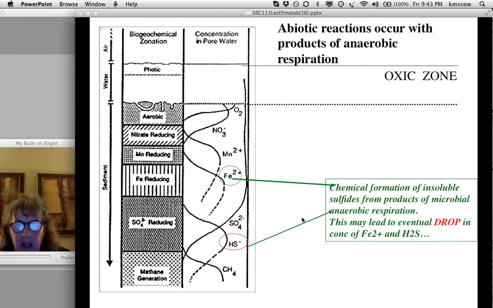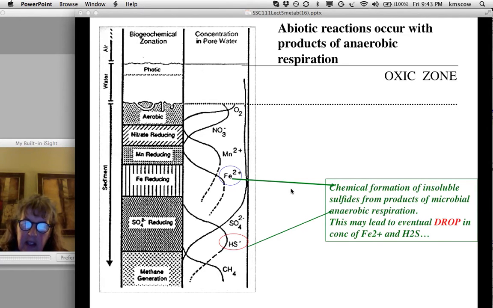And so you might see for a while the ferrous sulfide, the Fe2+, rising, and the H2S increasing in concentration, and suddenly, boom, their concentrations get really low again. And you might think, oh, what happened? Did some oxygen come in and permit microorganisms to use them now as donors? But no, that's not the case.